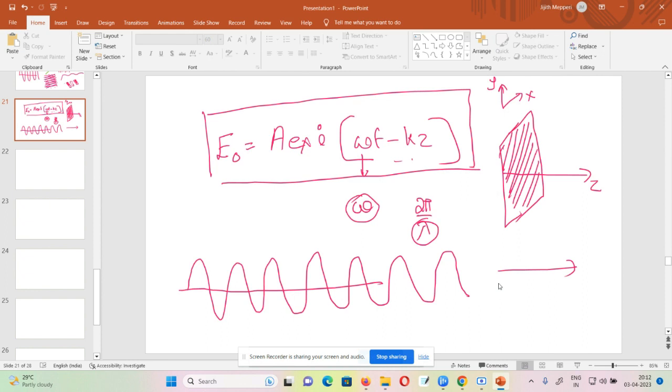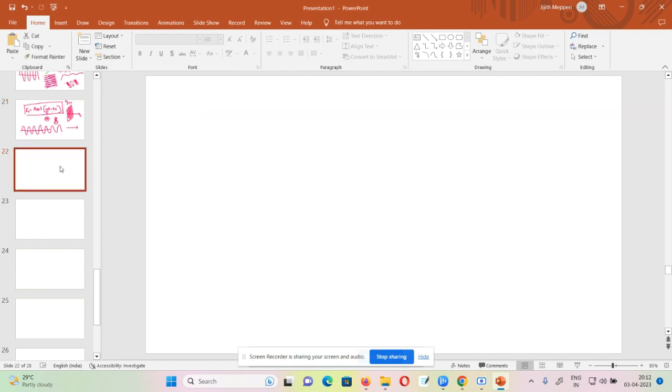The phase at different lambda positions will be exactly the same and extend towards infinity. This is the case of an ideal plane wave. But why are we not getting an ideal plane wave? That is our question.